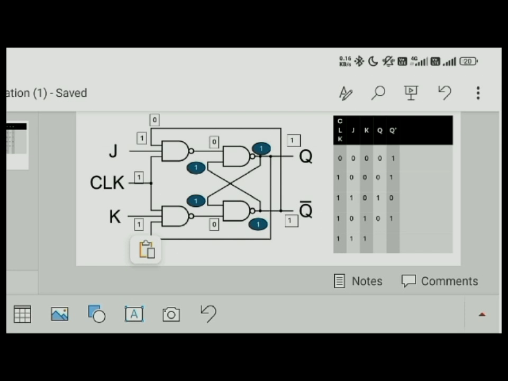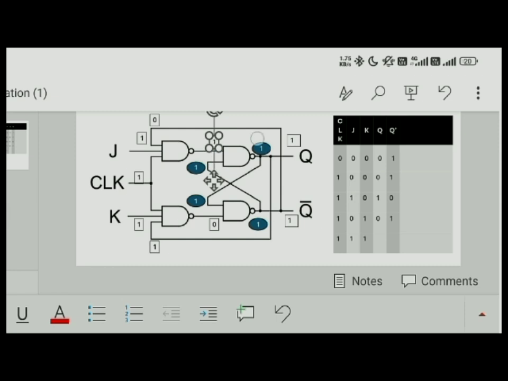Zero, the complement of 0 is 1, so this will become 1, and 1 times 1 is 1, the complement of 1 is 0, which will set the value of Q to 0.